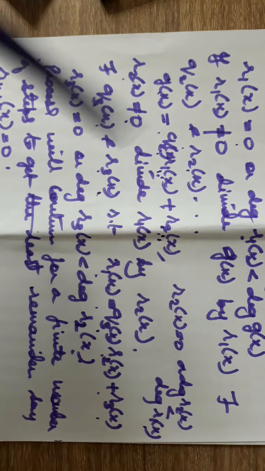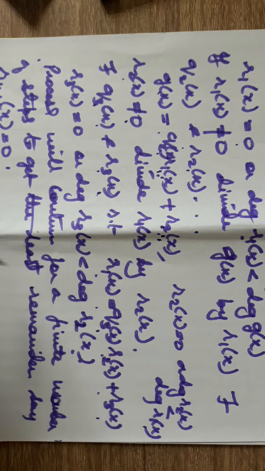This process of division of polynomials will continue for a finite number of steps till you get the last, or least, non-zero remainder, till you get the remainder r(k+1)(x) equal to 0.